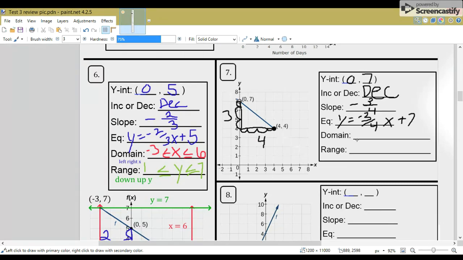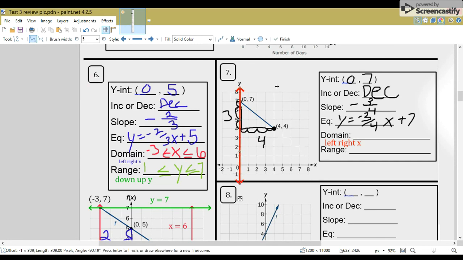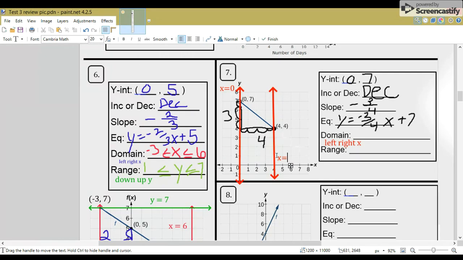Now let's find our domain, left, right, x. On the left part of our graph, we put a vertical line, and on the right side, we put a vertical line. Vertical lines are x equals. On the left side, we have x equals 0. On the right side, we have x equals 4.